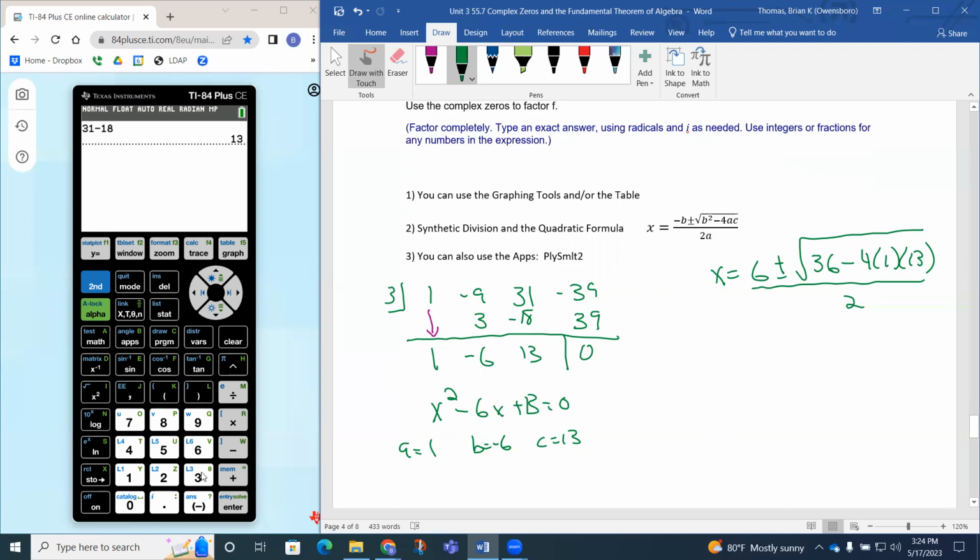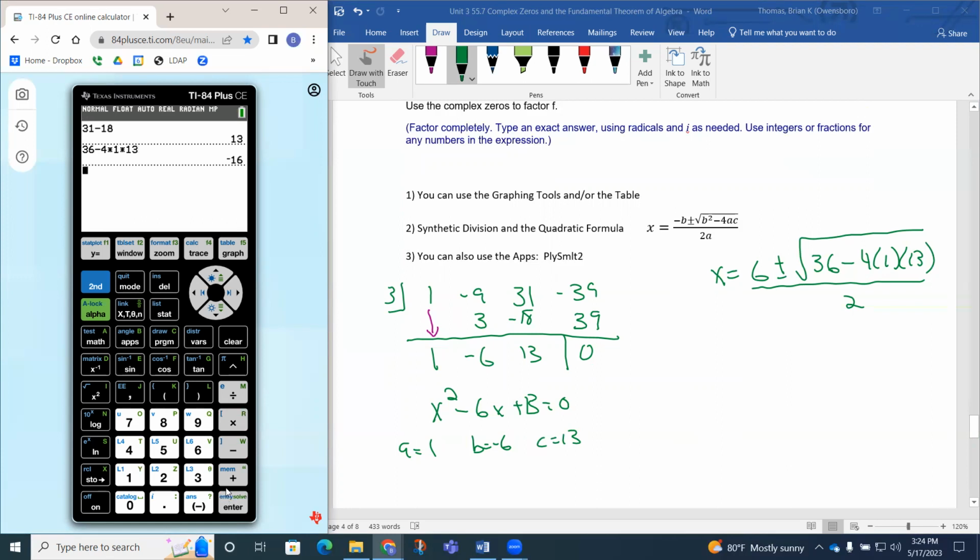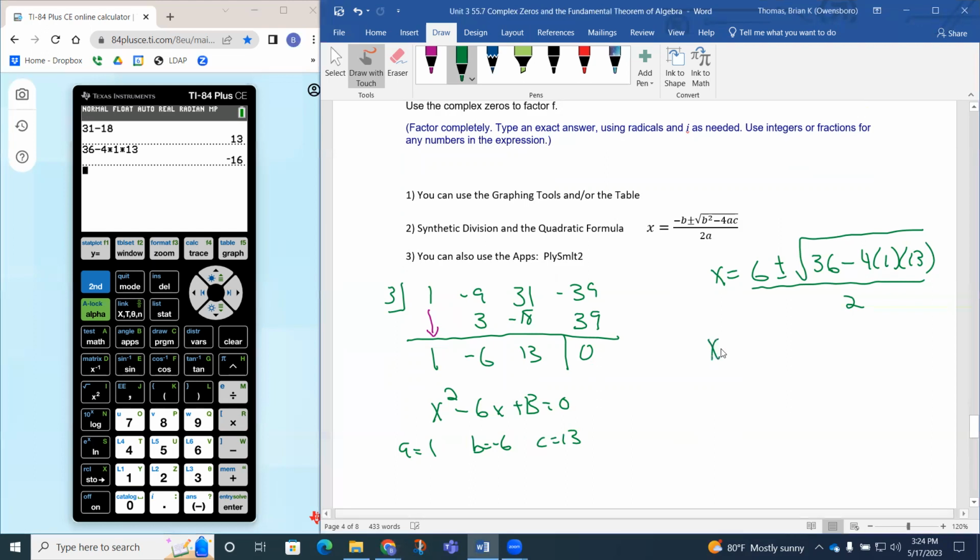If we double check the math, 36 minus 4 times 1 times 13 does give us -16. So 6 plus or minus the square root of -16 divided by 2.